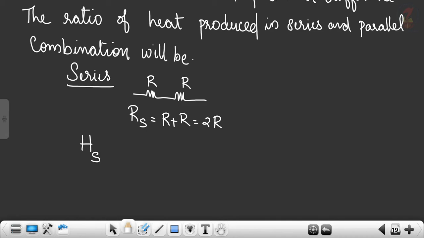So, heat developed in series, we will write it like this, we use the equation V square T by R, because it is given in the question same potential difference. So, we will write the equation V square T by R, and we will substitute here and find the answer.